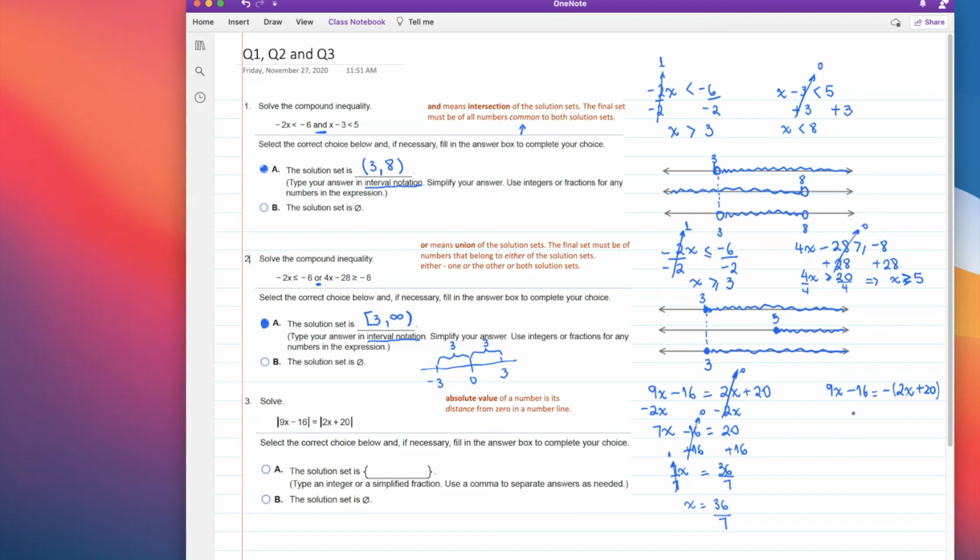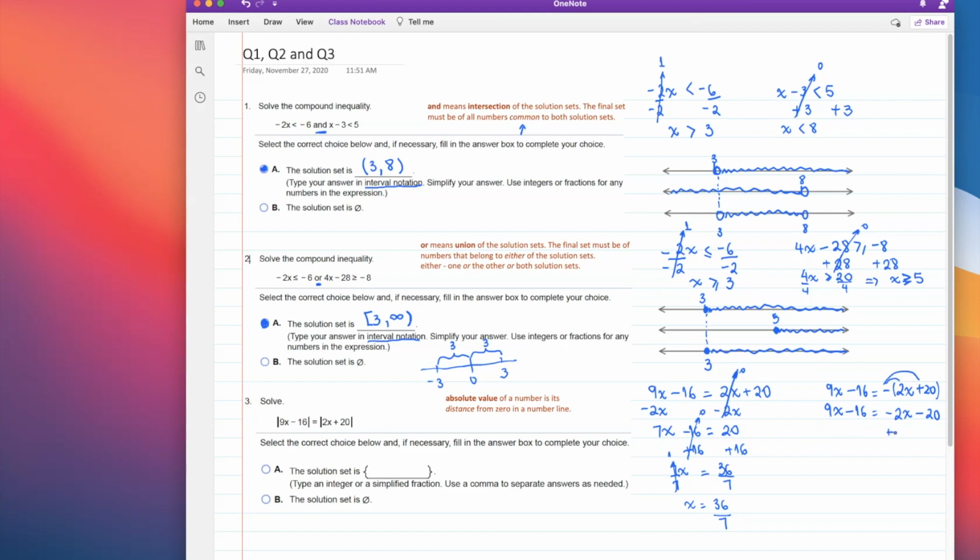Now this other one, I will apply the distributive property on each term of this expression. 9x minus 16 minus 2x minus 20. Now I do the same process. I'll bring all the variable terms to the left and the constant term to the right.